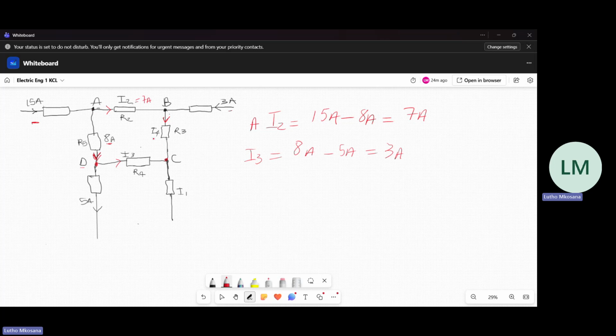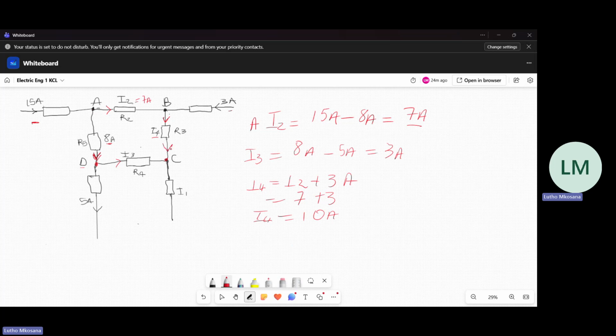Therefore, I4 is equal to the sum of I2 plus that 3 amps. I2 we calculated as 7 amps, so 7 plus 3 is equal to 10 amps. That is our I4.